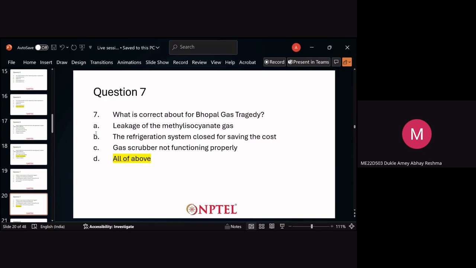The immediate reason for the tragedy is the leakage of the gas, but the investigation revealed how the failure happened. These were the other factors that affected the tragedy. So the answer is all of the above.